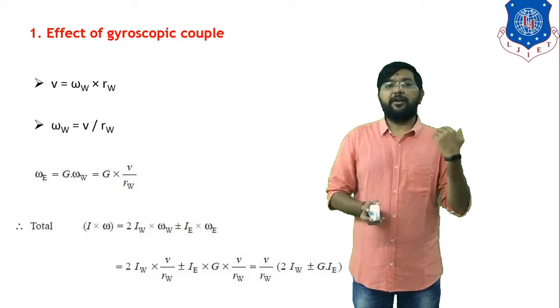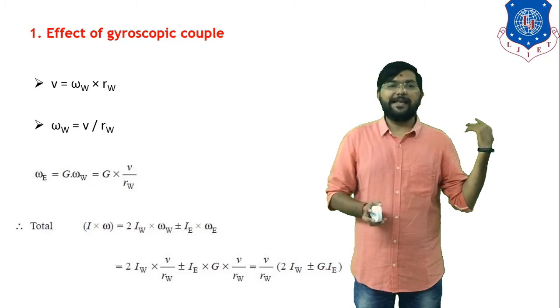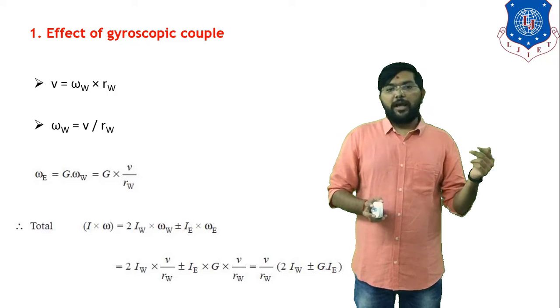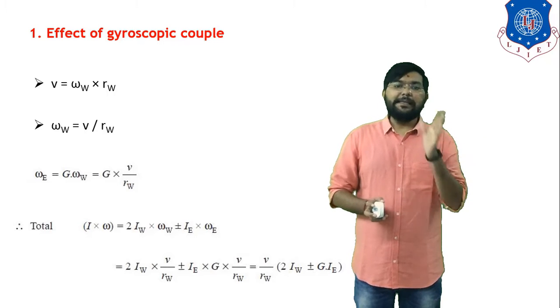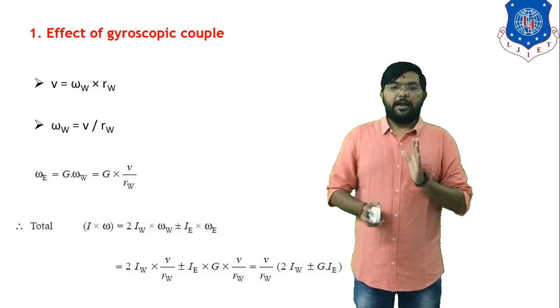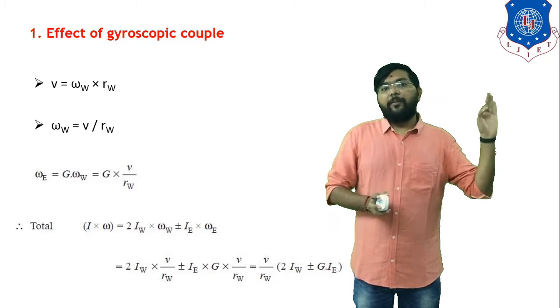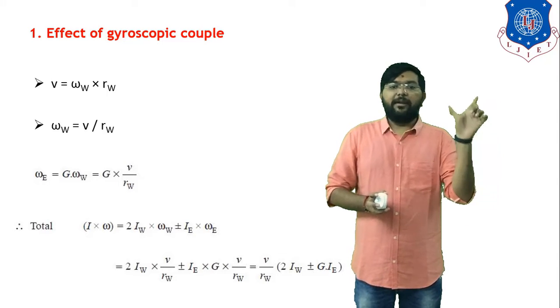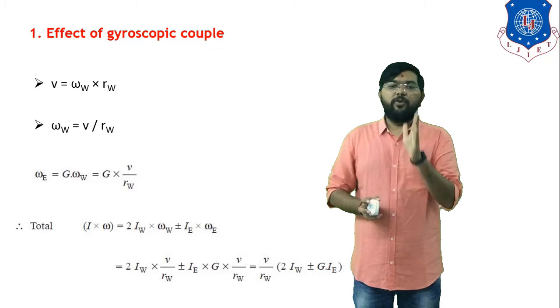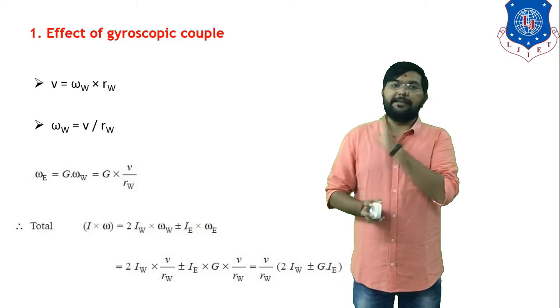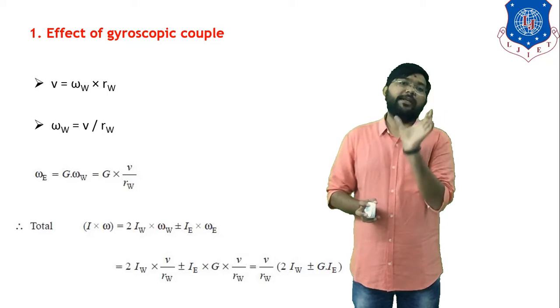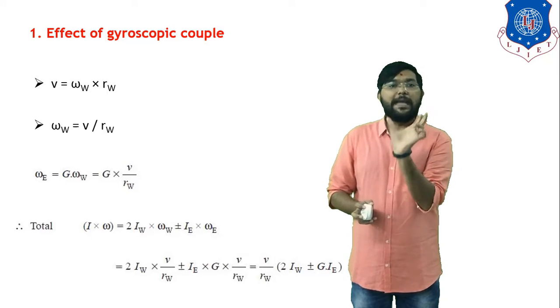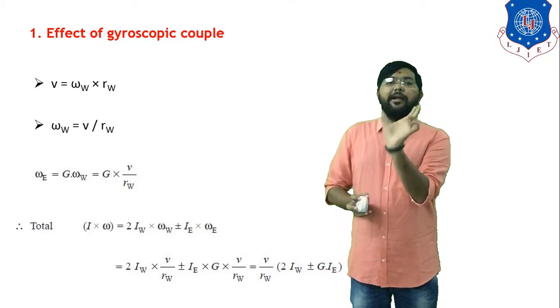At that time the equation is converted to the form of 2 times Iw v upon Rw plus or minus Ie into G v upon Rw. Take common v upon R. At that time the bracket value is 2 times Iw plus or minus G Ie. This is the equation for the total momentum of the bike whenever it takes a left hand turn.